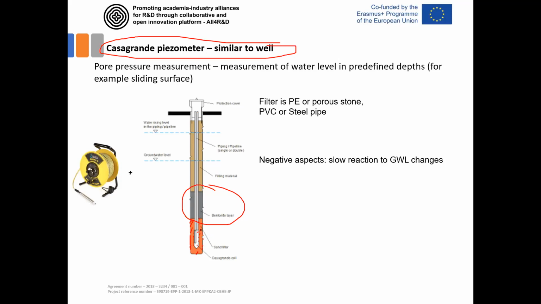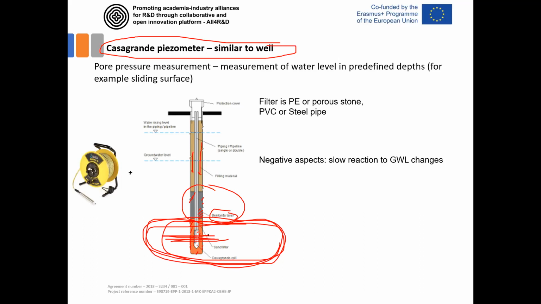So this is filter sand material, but above it we have this impermeable bentonite grouted part. So we protect against water from above the borehole going down, and then we exactly measure the pore water level at this point where this filter part is located.